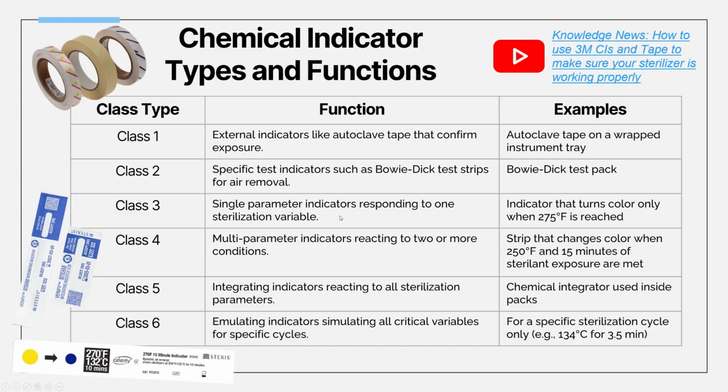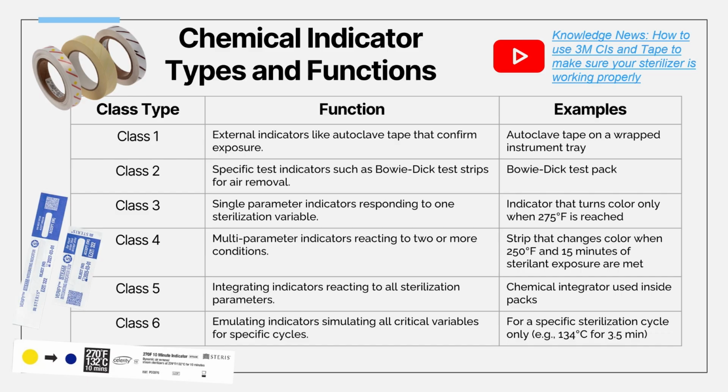And then we also have the single parameter indicators, class 3. These are not used in hospitals often. They're just not very efficient because all they do is measure one parameter. A parameter in a steam sterilizer, maybe we have a tape that measures only temperature.